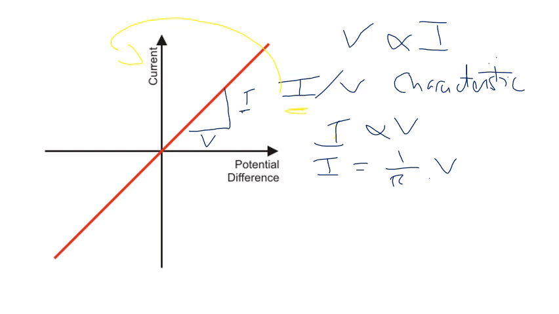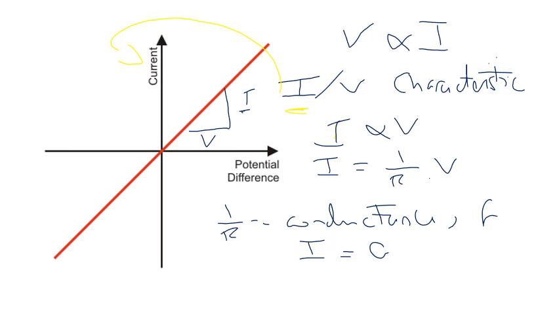It's called conductance. So 1 over R equals conductance, and that has a symbol G. So I could say that I was equal to GV. And Ohm's law could have been written that way around. It's just that isn't the way around that Ohm decided to write it.